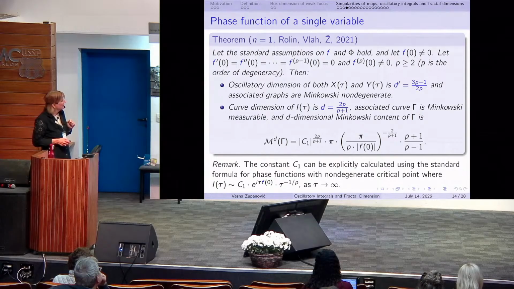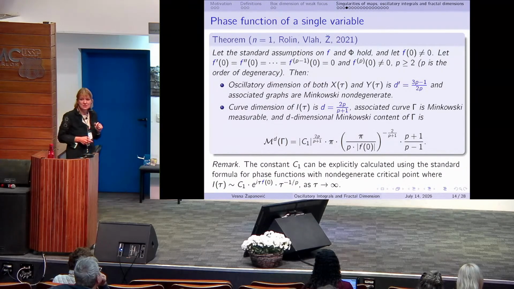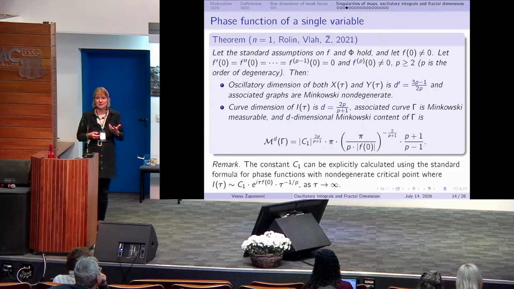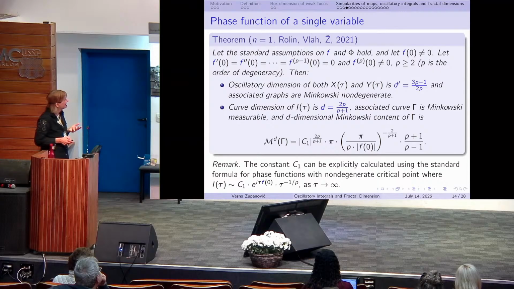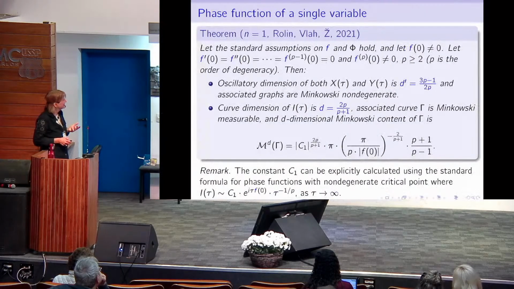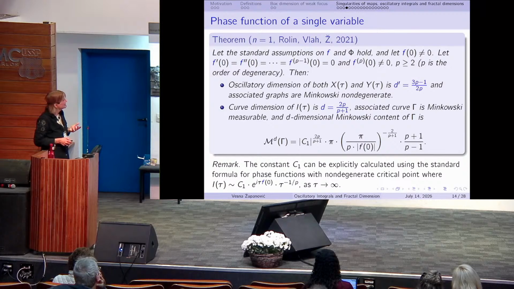So if f of 0 is 0, you don't see oscillatority. You just don't see it because you have no sine and cosine near this term. So we needed this condition. And then it is in fact standard multiplicity. You can see that with bigger multiplicity, the oscillatory and curve dimensions are bigger.